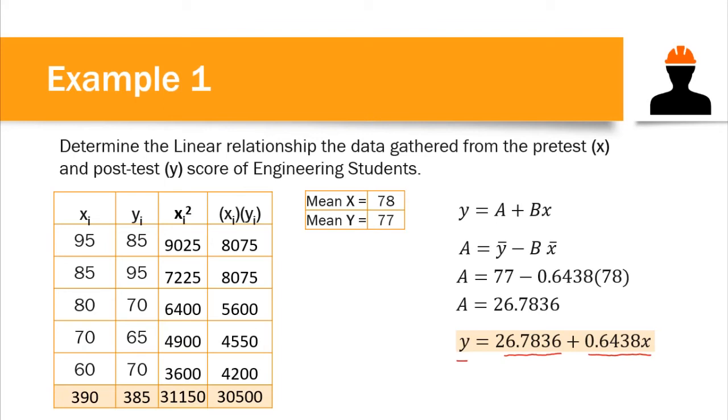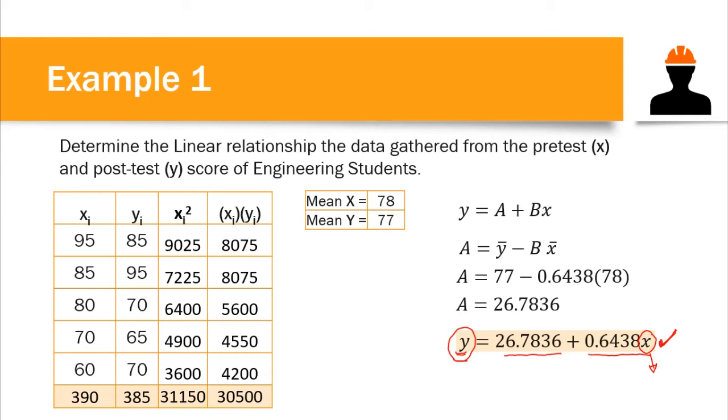We can use this equation to compute the possible post-test grade given their pre-test grade. So we can predict the post-test grade if we have a value of their pre-test grade.